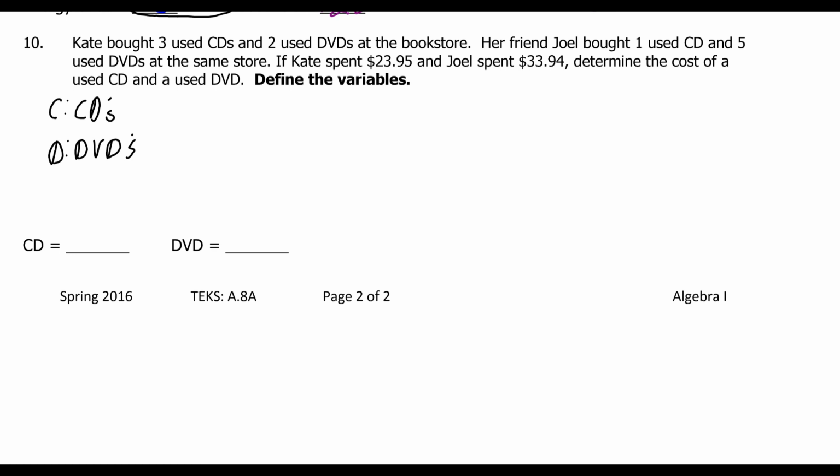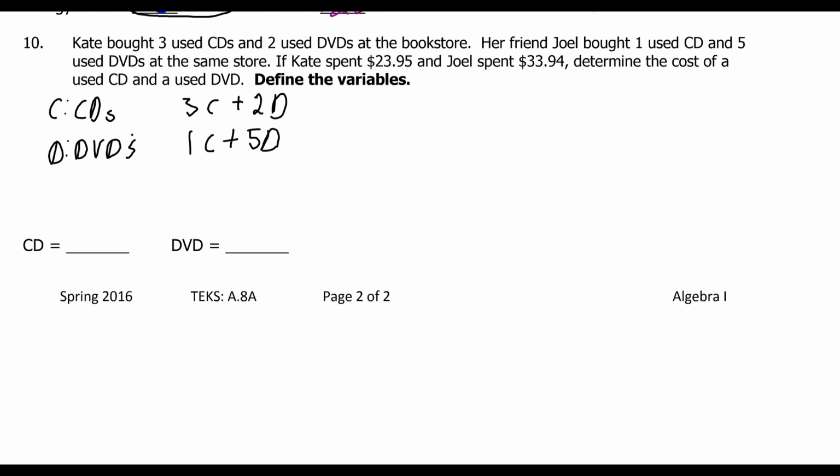Now we set up each of these costs: 3C plus 2D is what Kate bought. Her friend Joel bought 1 CD and 5 DVDs.